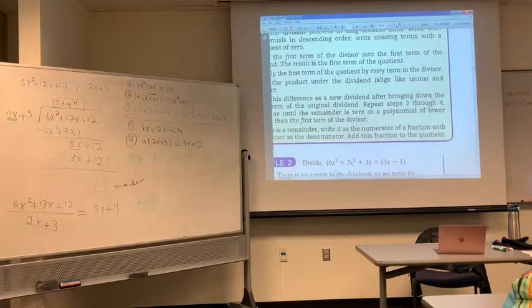So this negative has an effect on this one, this negative makes it positive. Oh, so it's positive. So where should you put this one? In here. 2x squared goes here.